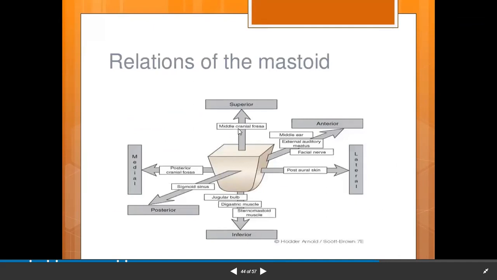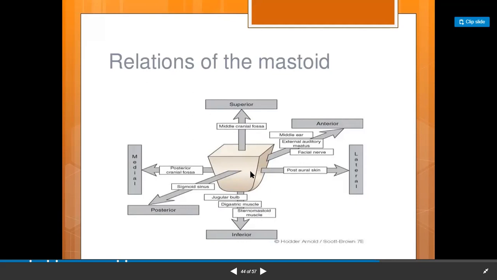This picture is discussed in a nutshell to show the relations of the middle ear. Overall, this is the ear, and the roof helps in communication with the middle cranial fossa. Inferiorly, we have the jugular bulb, where we have the digastric muscle and sternocleidomastoid.